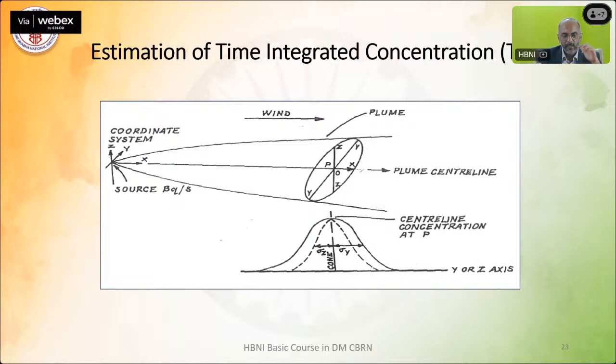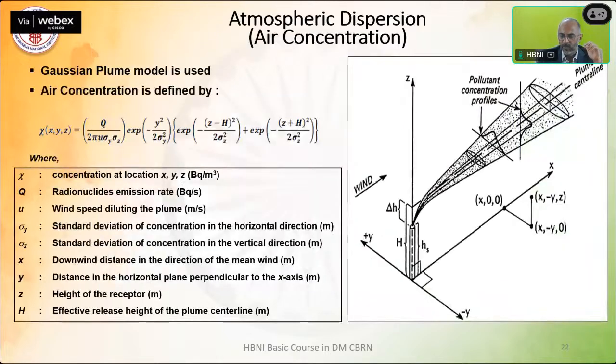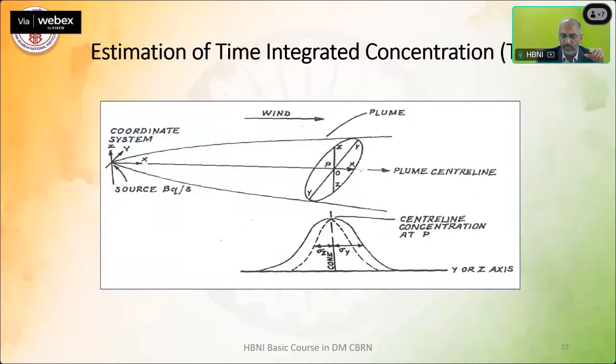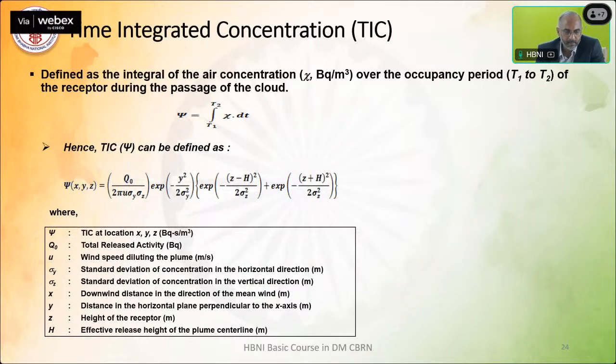And then, as I was telling, for a Gaussian plume model, you can calculate the sigma y and sigma z values for a given plume. Then you can identify the time integrated concentrations, which is basically dictated by your release and wind speed.